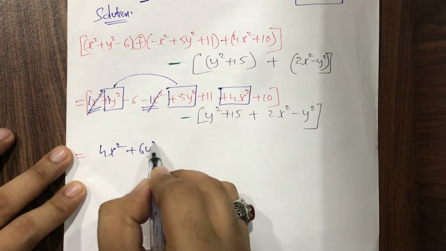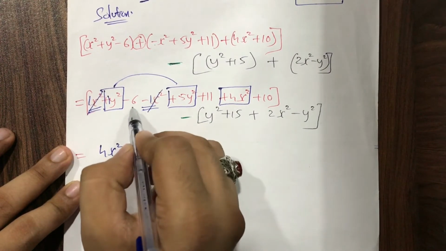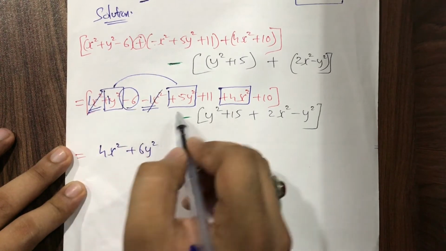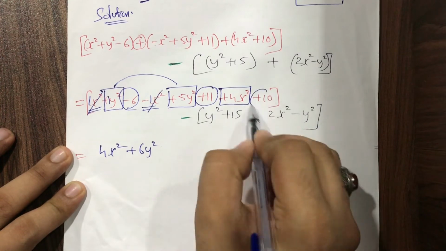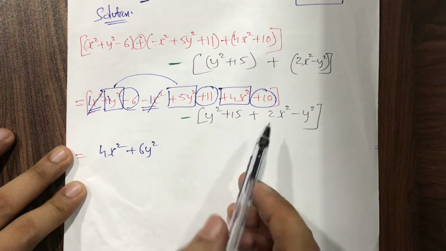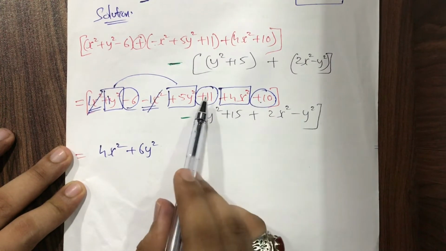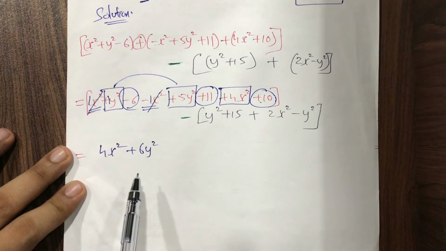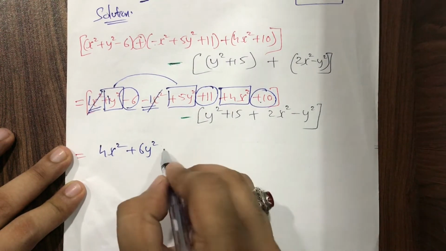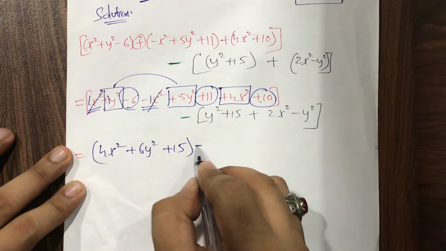Then here I have minus 6, then plus 10, plus 11. So plus 10 and plus 11, how much does it become? 10 plus 11 comes to 21. 21 minus 6 is plus 15. Plus 15.